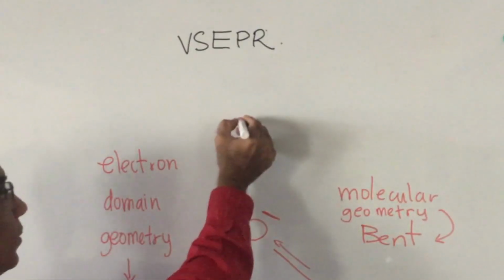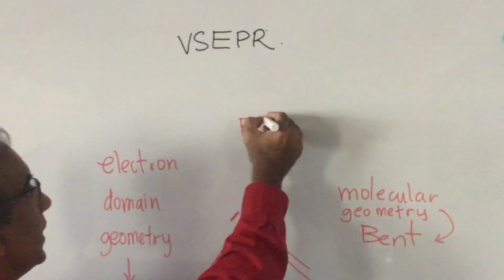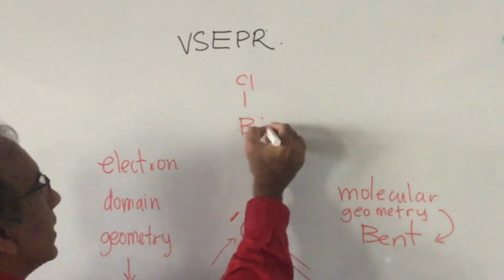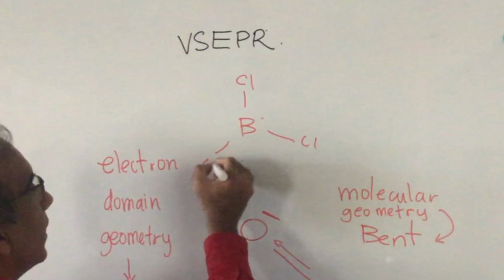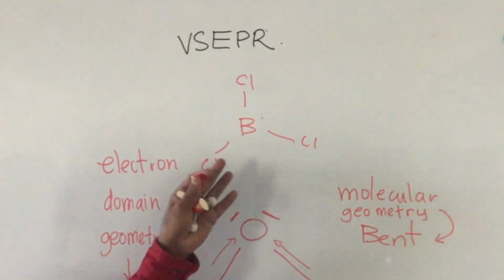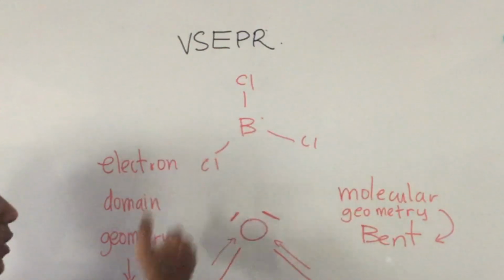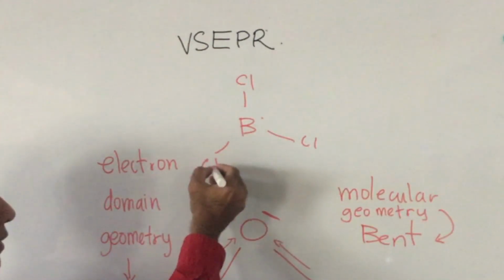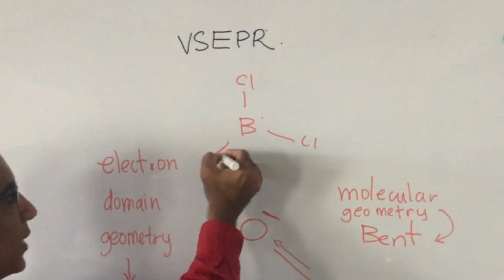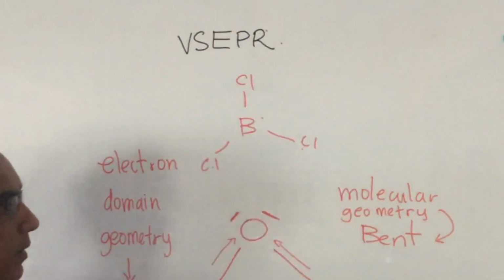Sometimes you have a molecule like BCl3. And when you have a molecule like this, you realize that there's tremendous bond polarity, because chlorine is very electronegative and it keeps electrons closer to itself.